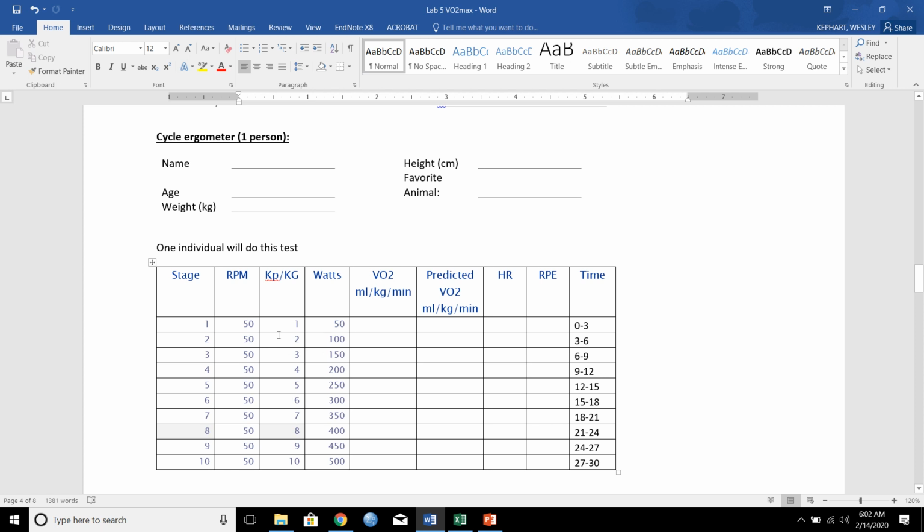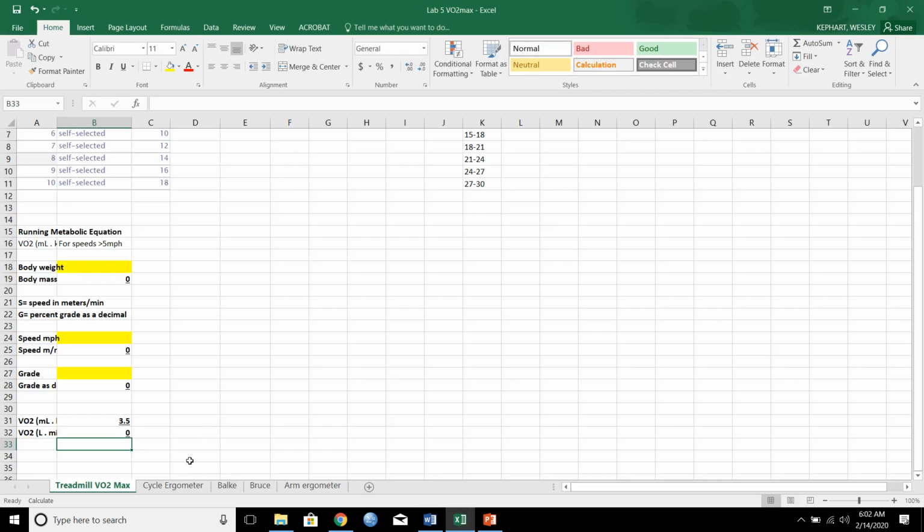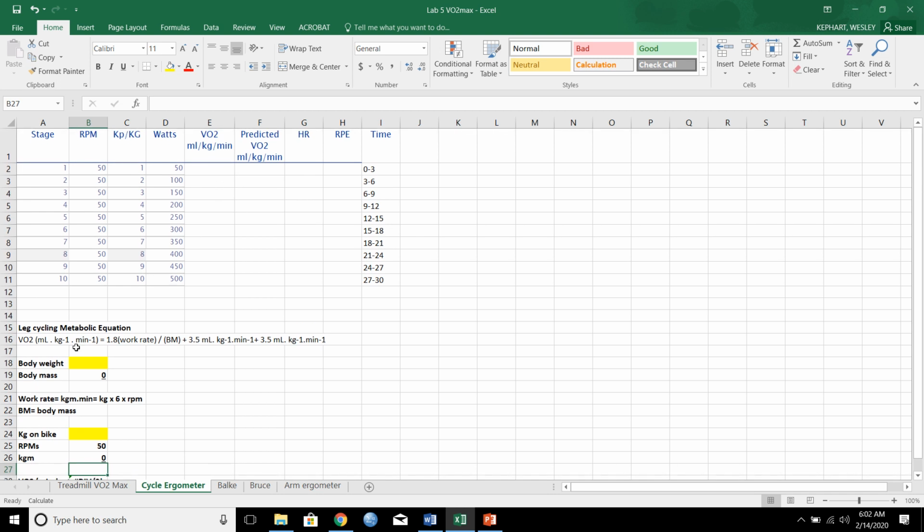Remember, the trays already weigh 1 kilogram, so you'll just be getting their heart rate, rate of perceived exertion, and that'll essentially be everything that you're doing. We might be getting the actual VO2 max by hooking someone up to the metabolic cart. However, the predictive VO2, you would get that from this right here.